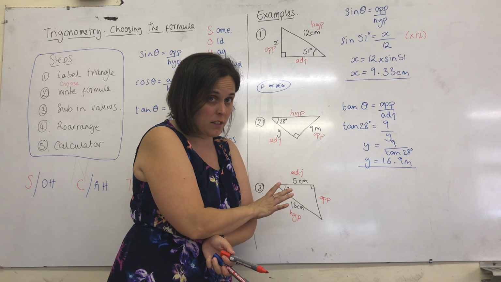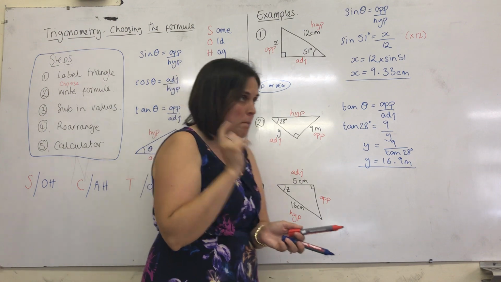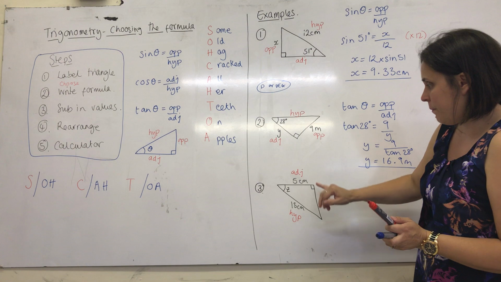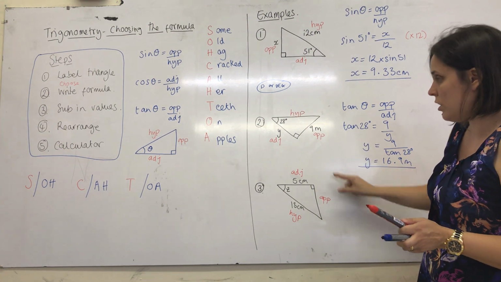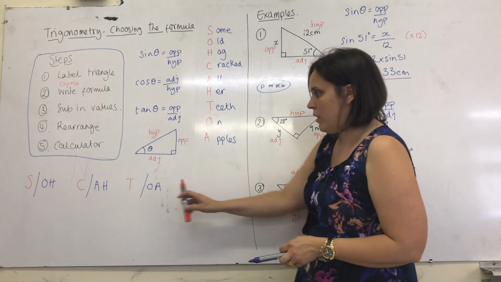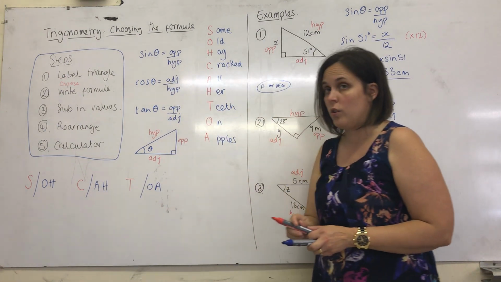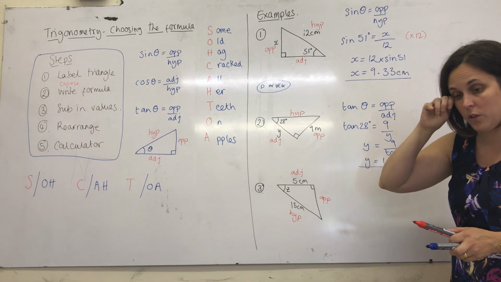We're not finding the other side, we're finding an angle. So we've got these two sides, so it must be the formula that uses adjacent and hypotenuse. So in other words, it's the one not using opposite. So again, if we look, there's the opposite, there's the opposite. The only one that doesn't use opposite is cos, and we need to use adjacent and hypotenuse, which cos does, okay?